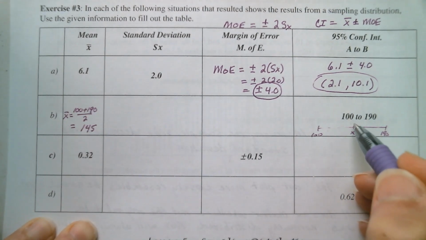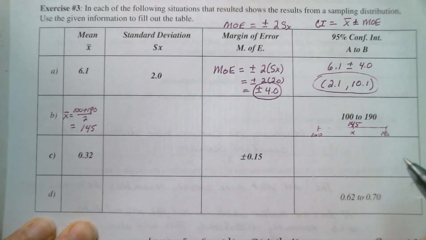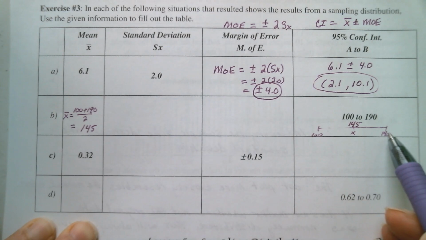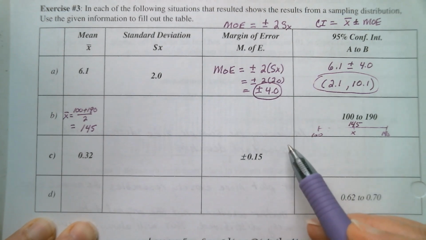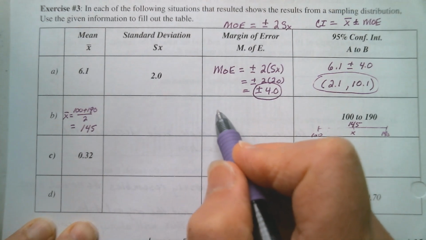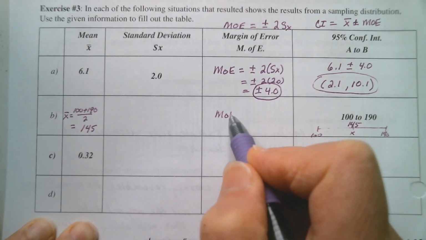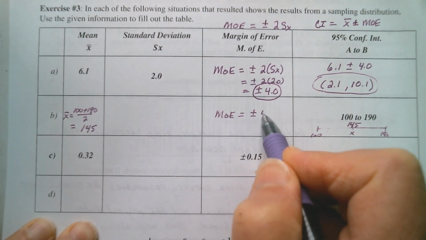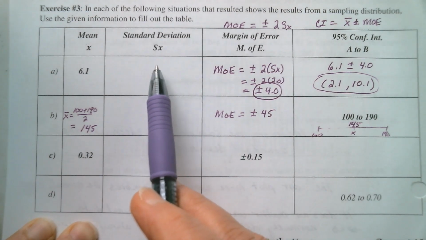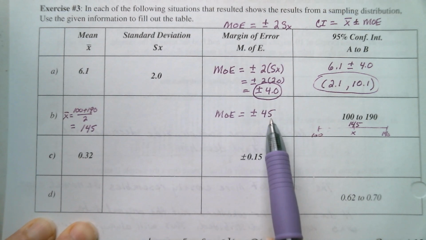And if I'm thinking, oh, the mean's 145, then what's the margin of error? Well, 145 plus what would bring me to 190? 45. Or I can say 145 subtract what would bring me to 100? 45. So the margin of error is equal to plus or minus 45. And the standard deviation, well, 2 standard deviations equals the margin of error.